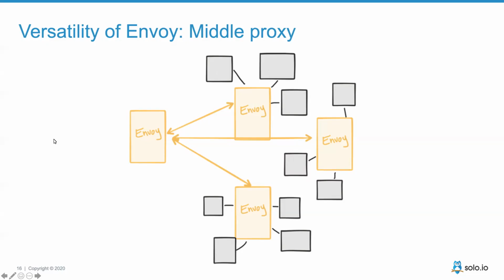Maybe you have different boundaries within your organization, lines of business, service teams, whatever the group ends up looking like, and you have additional policies or usage patterns that you might want to enforce specifically for those boundaries. Envoy can be used as a middle proxy to implement those types of patterns.